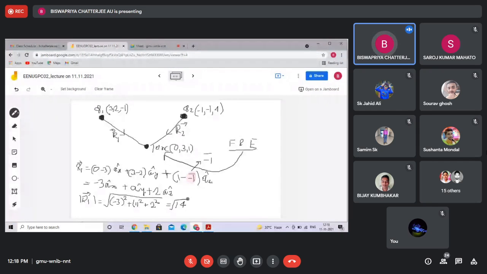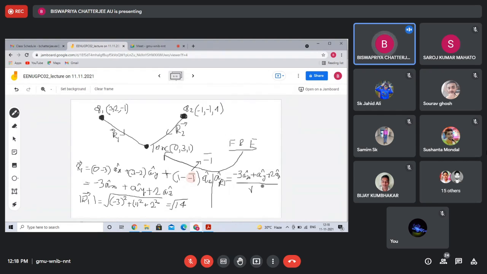And what is the unit vector? You know, unit vector is nothing but the vector itself divided by its magnitude. So minus 3AX cap plus AY cap plus 2AZ cap divided by root 14.